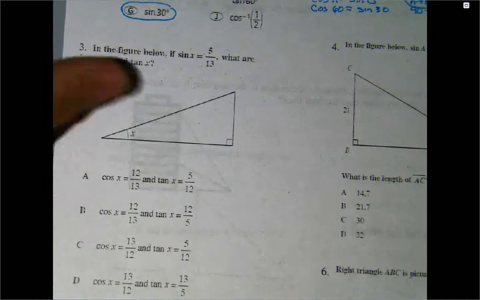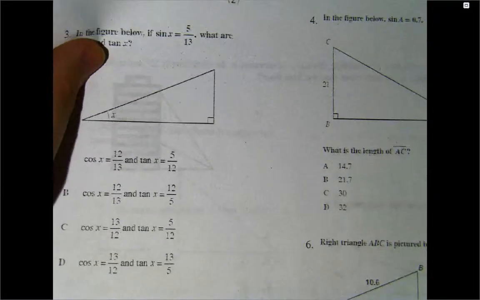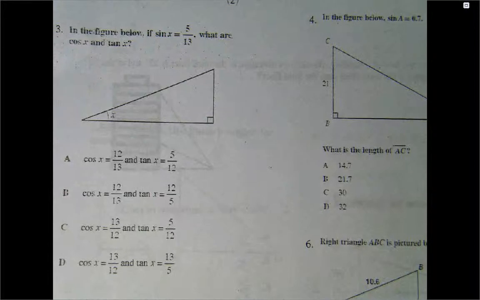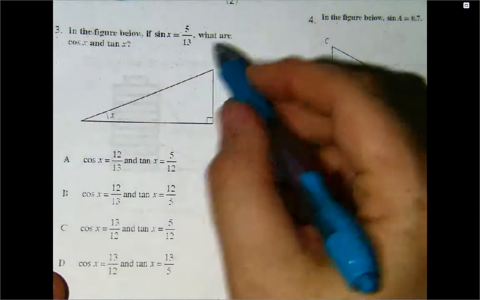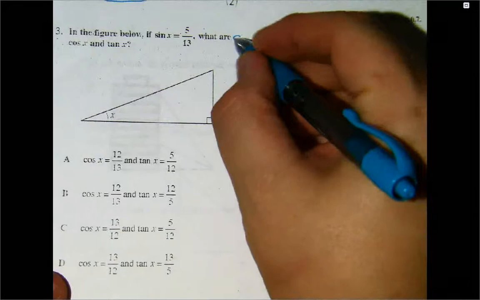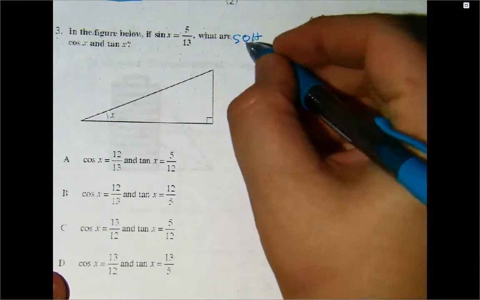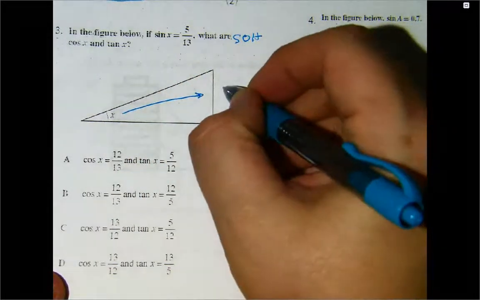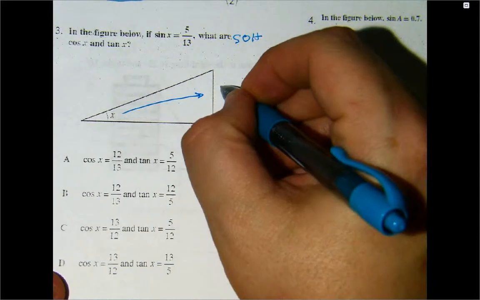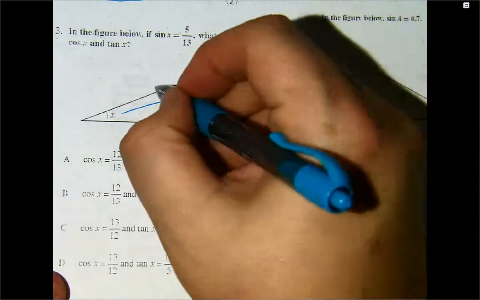Now, number 3 says the sine is 5/13. What's the cosine and what's the tangent? Now, the sine is opposite over hypotenuse. So, what's the opposite side? 5. And what's the hypotenuse? 13.